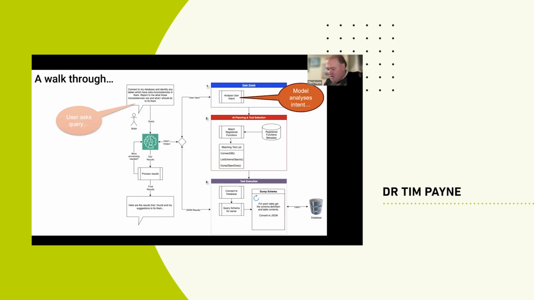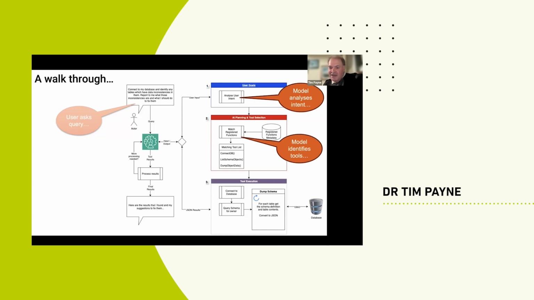It'll say, I've got this goal, which is basically to analyze inconsistencies and show how to fix them. So what do I actually need to do from the various tools that I know about to allow me to go off and reach that goal? So it will analyze the intent. It will then look through any registered functions. It will try and match those against this registered function metadata.